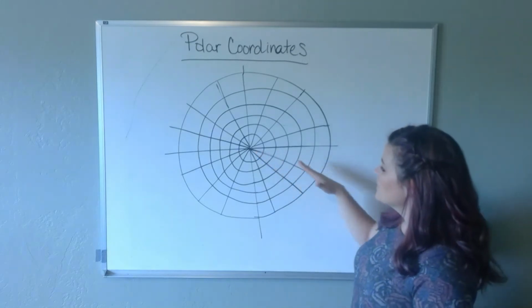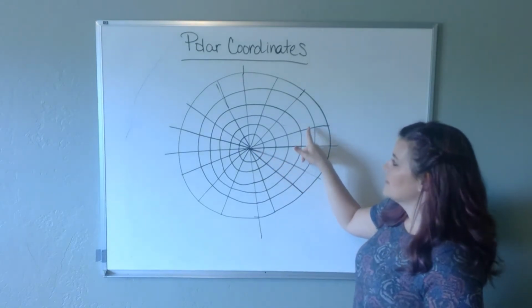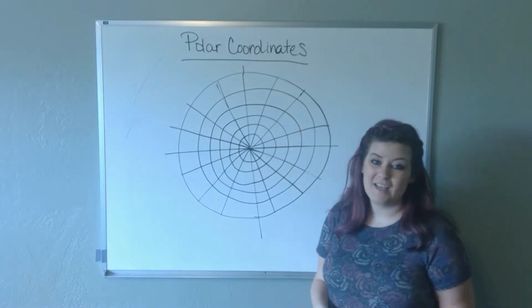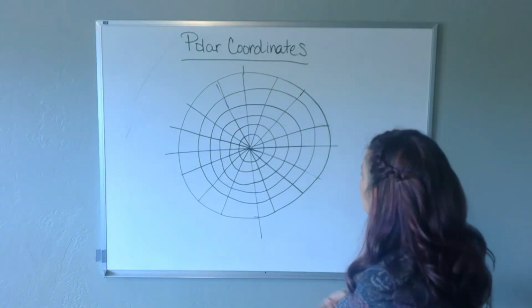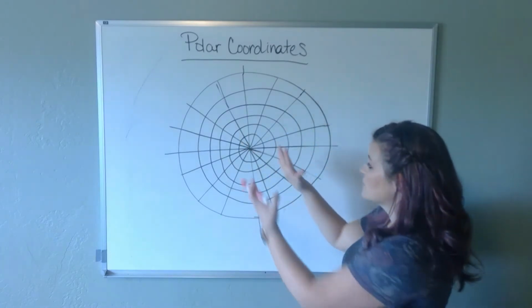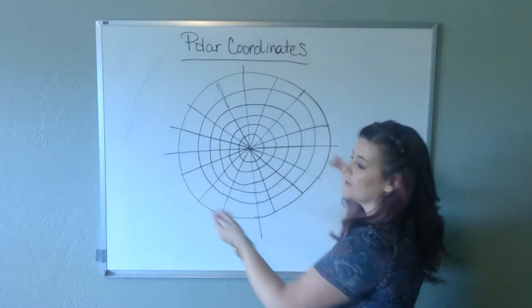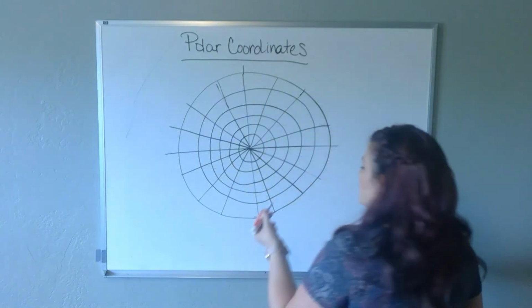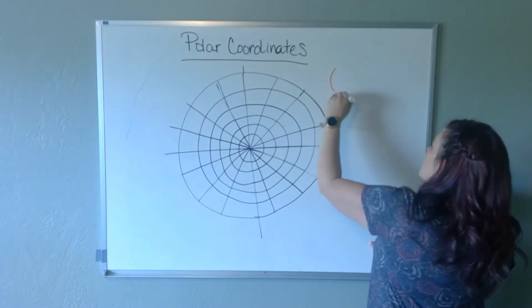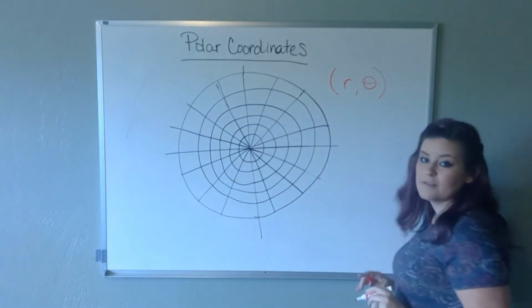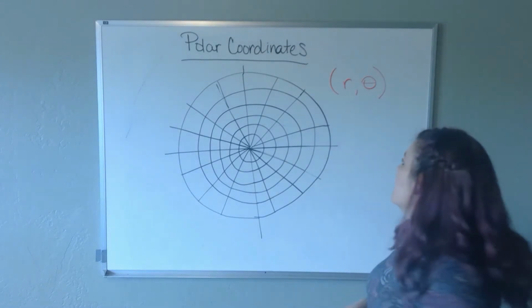So I have all the special angles like the pi over 6s, pi over 4s, pi over 3s. We're going to be sticking with radians today. And then I have these circles, you guys. So we're going to use the circles as one of our coordinates and the angle as the other coordinate. Our ordered pairs are all of the form (r, theta), so not x and y.